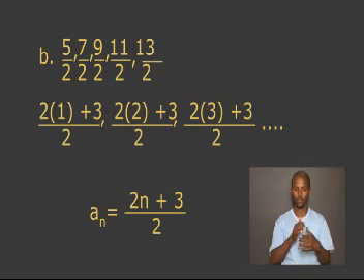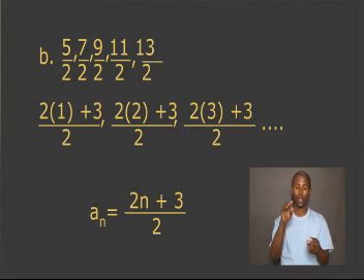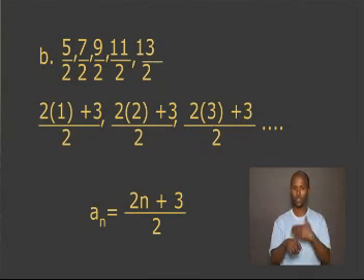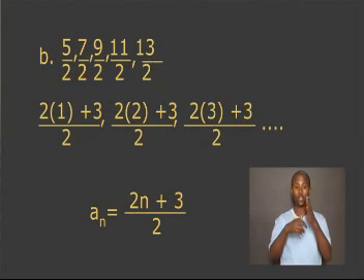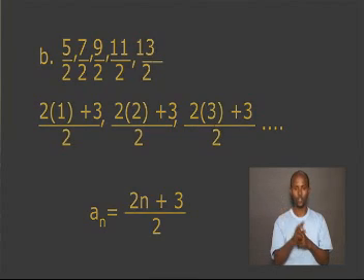It is the result of multiplying n by 2, adding 3, and dividing the sum by 2. Therefore, we may write the general term as an equals (2n plus 3) over 2.